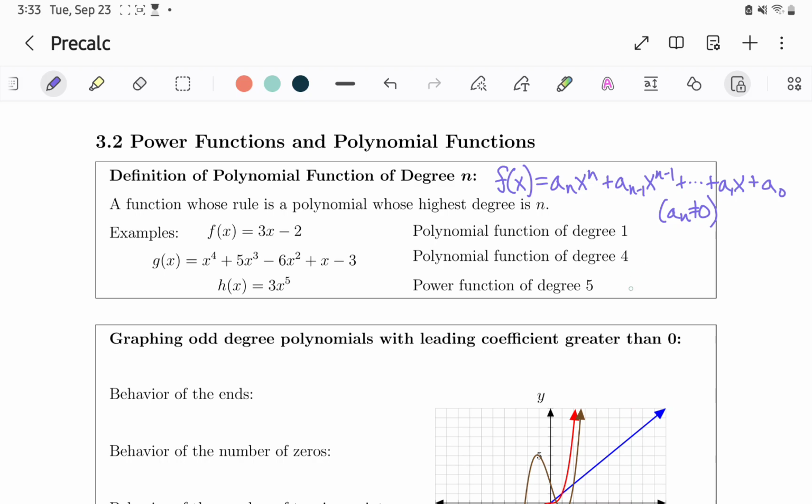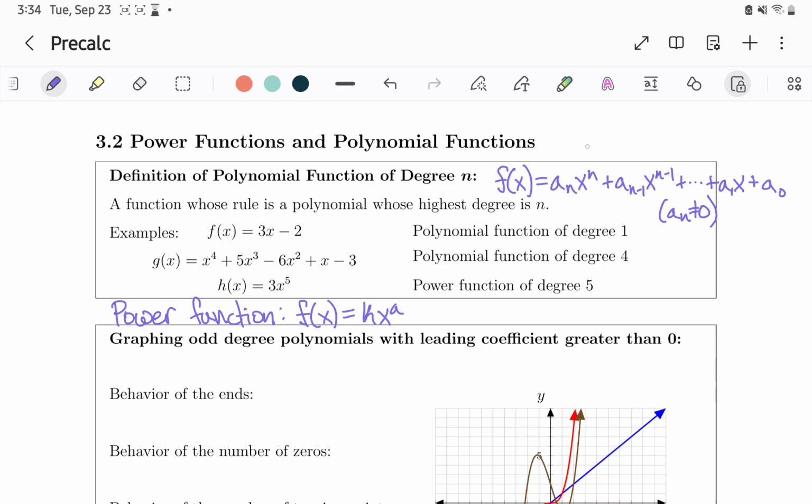For the power functions, unlike the polynomial functions, they are going to look in general like f of x equals k times x to the a, where k and a are just going to be some constant real numbers.